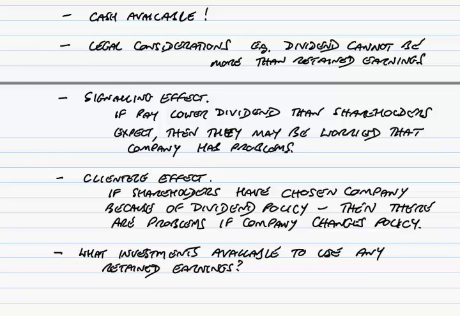There's no point in retaining earnings if there's no way to invest it. You only want to retain if you can invest it well and grow the company. So that's something that would have to be considered.